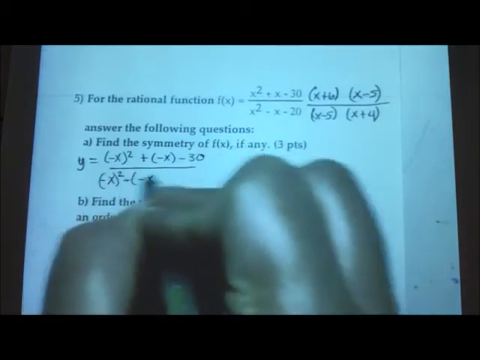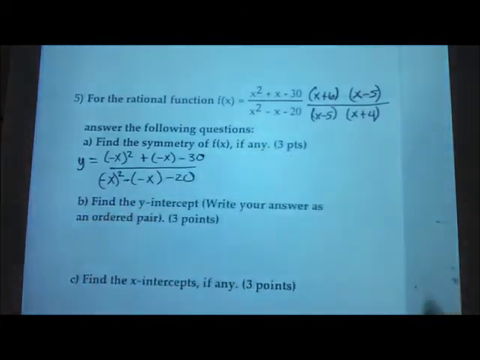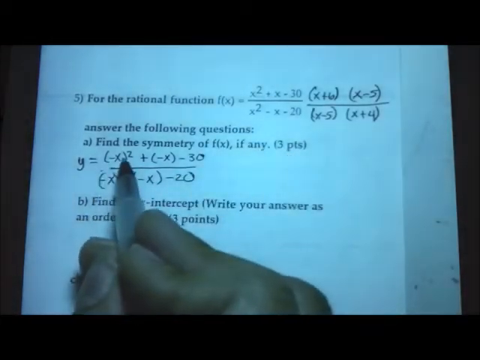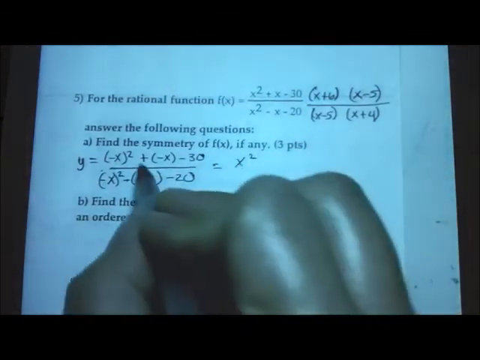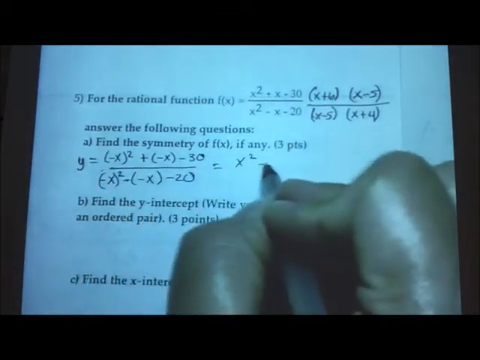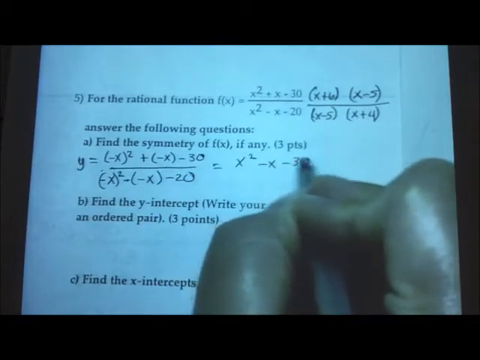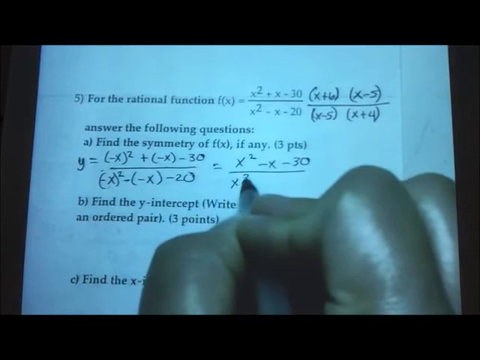Do you remember? So a negative squared becomes a positive. Plus, and the negative becomes a negative, sweetie. So this stays a positive.